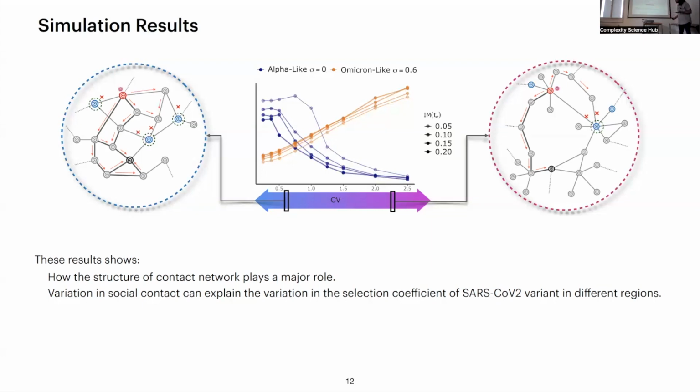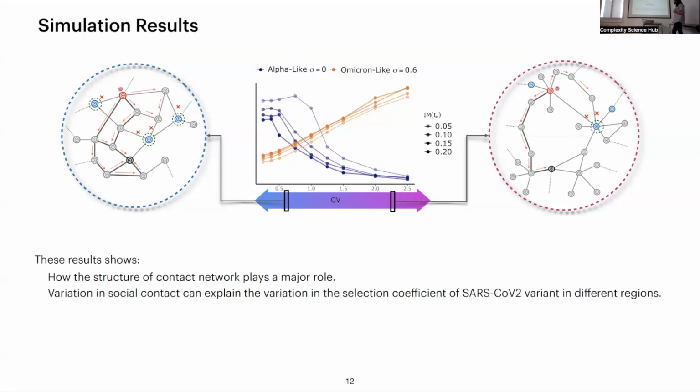On the other hand, in a more homogeneous structure, the nodes have more or less the same number of contacts. This means that if a node gets infected, there are still plenty of other alternative paths which the variant can take to spread.